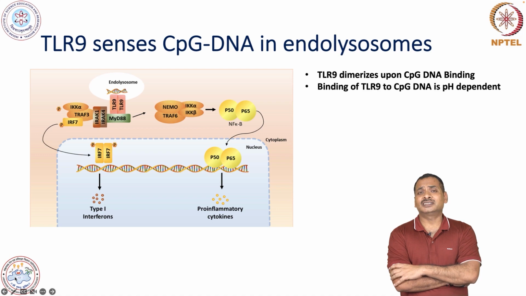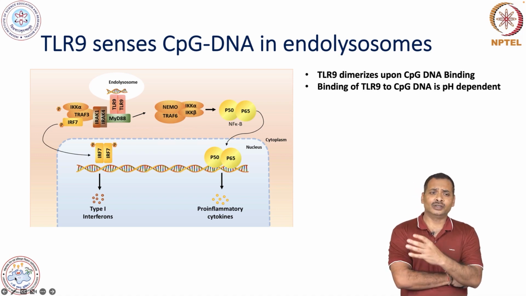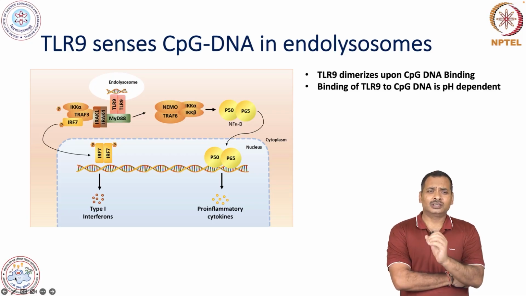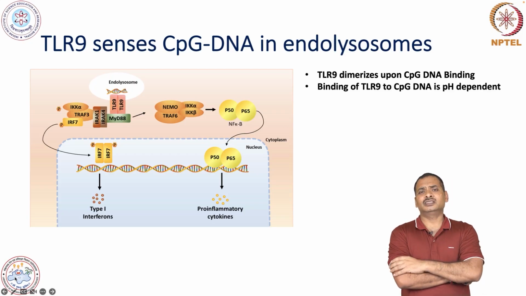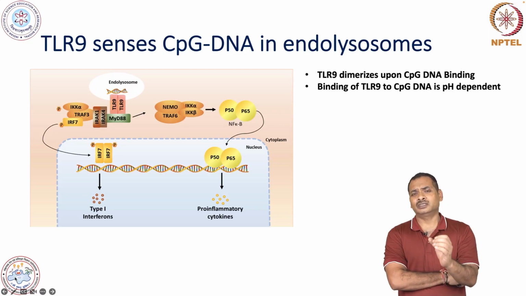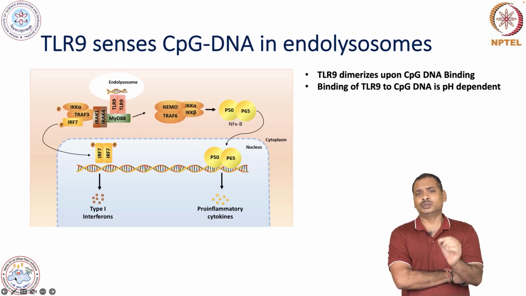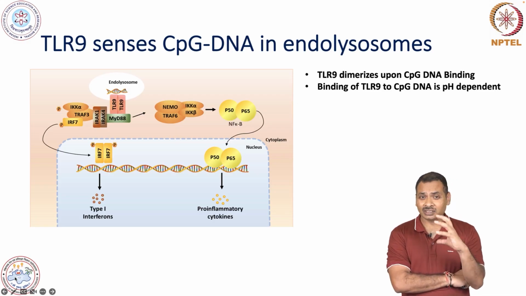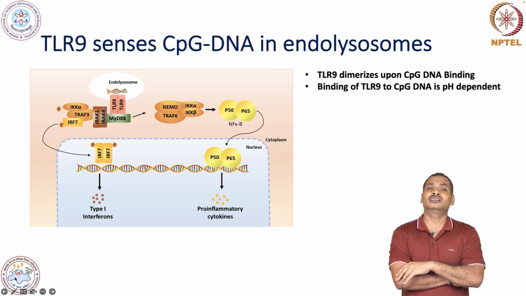TLR9 basically senses CpG DNA inside the endolysosome, and please note this is not depicted in this image, but there is one important note: this DNA molecule is sensed by post-translationally modified TLR9.